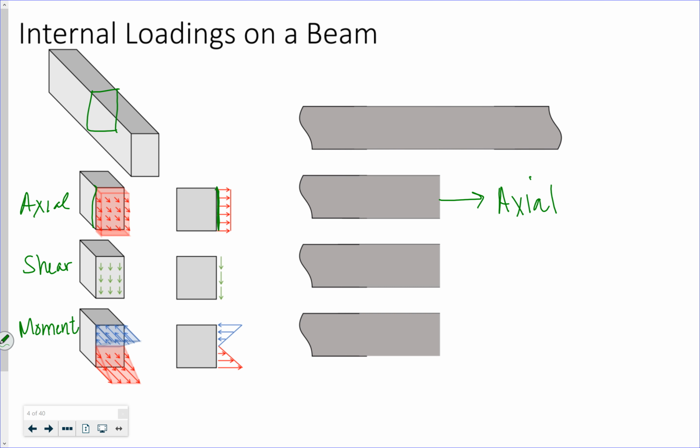Which we designate as N because it is a normal force. It's acting normal, or perpendicular, to the beam cross section. I have a shear force, which we call V, and I have a moment.